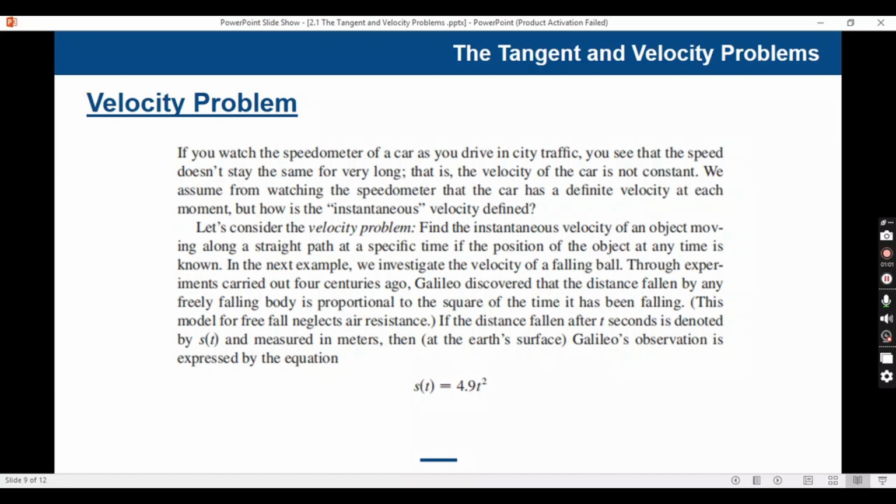Okay, so before we go further, this is an equation that a scientist named Galileo, from back in the day, formed from doing many experiments of a freely falling body, what we call free fall.